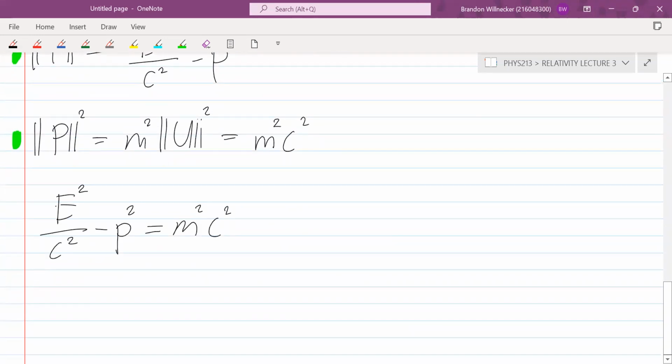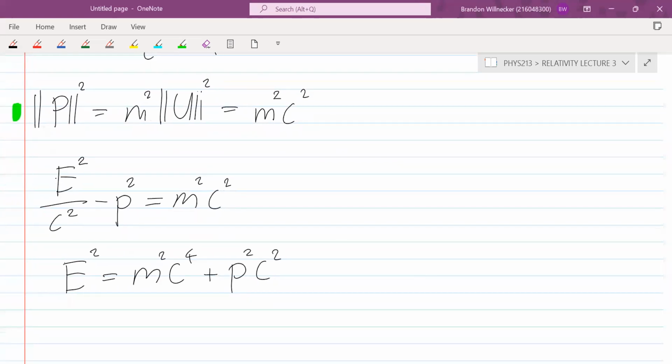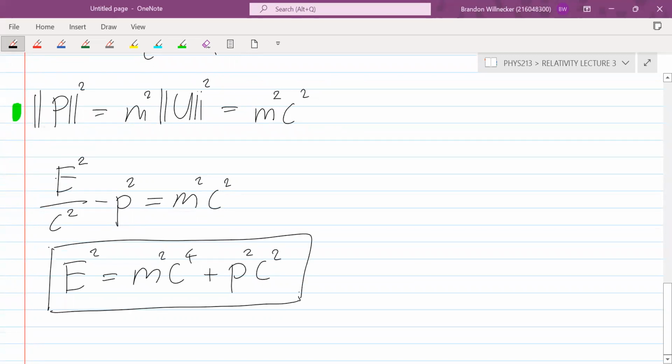Okay, we can take the P squared across, multiply through by c squared, and we end up with E squared is equal to m squared c to the 4 plus P squared c squared. And this is the energy momentum relation or the energy momentum dispersion relation. Depending on what you're looking at, you might hear different names for this. Okay, so this is the energy momentum relation.